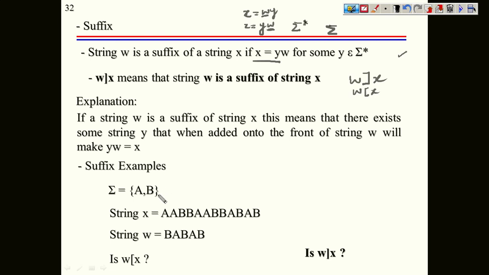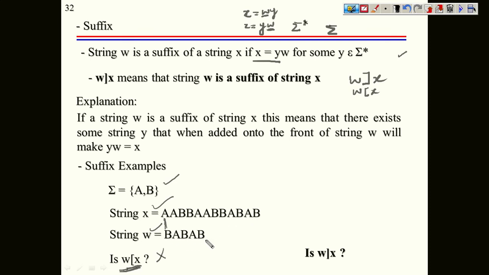Now let us look at some examples here. Sigma is AB, we have provided the string, and then we have some W, and we have to check whether W is a prefix. Is W a prefix of X? For the prefix we need to check whether it starts from the very beginning. Does it match from the very beginning character? No, it does not match the very beginning character, so it is not a prefix. Is W a suffix of X? You need to check whether it matches with the last character.